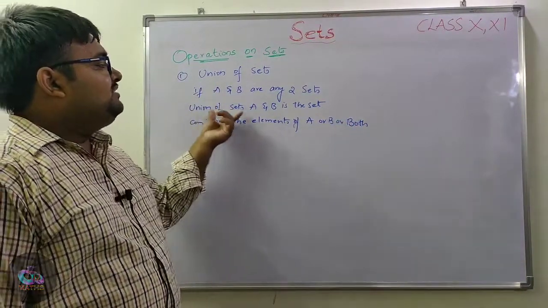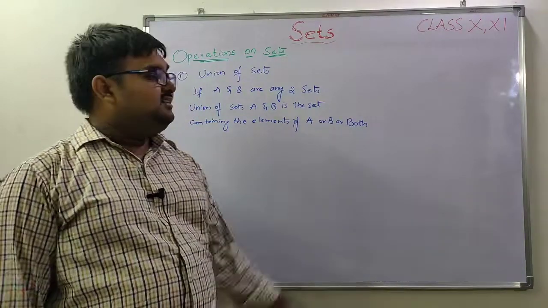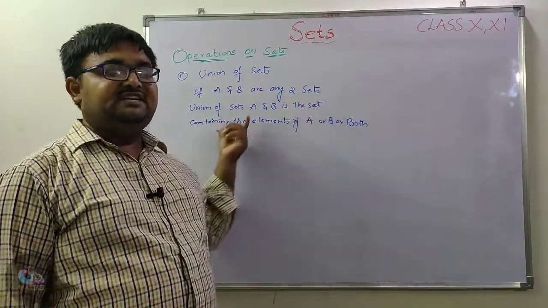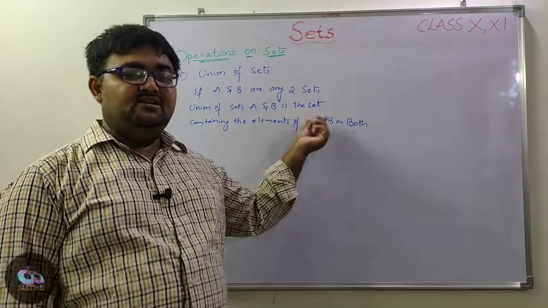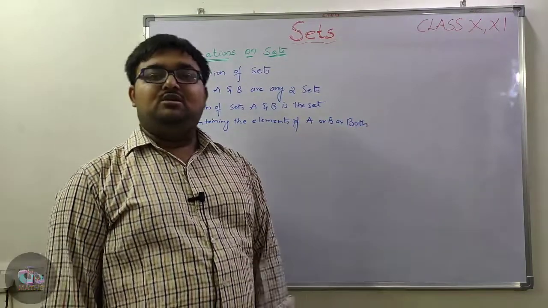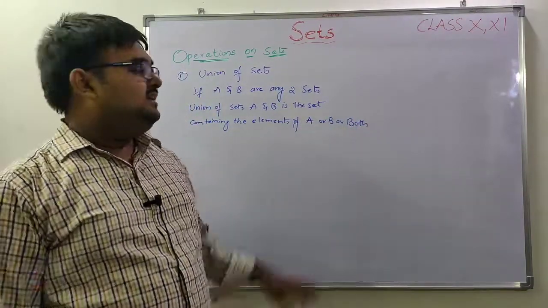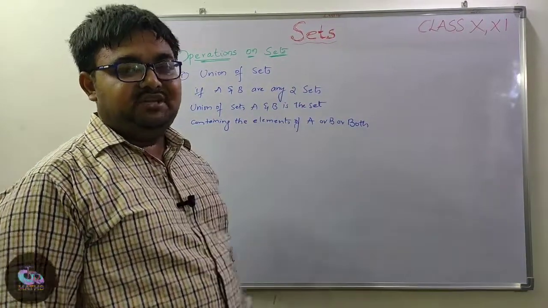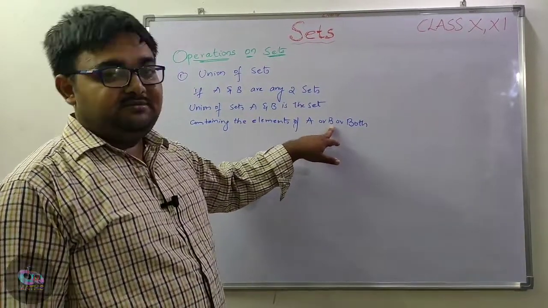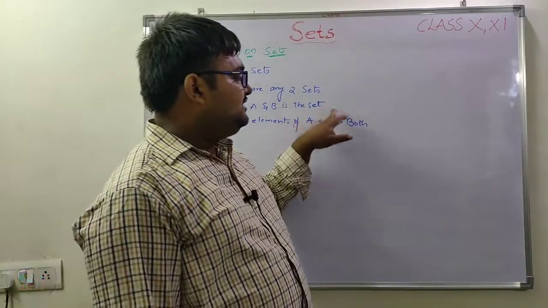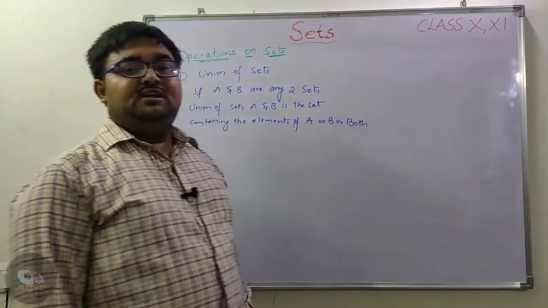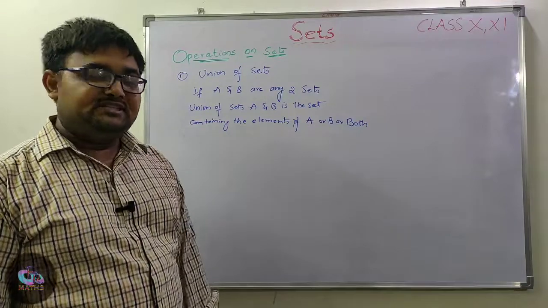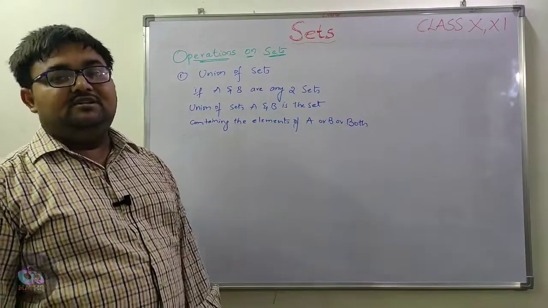That means it forms a set which contains the elements of set A or set B or both. The elements which belong to set A will be present in the union of the sets, the elements of set B also belong to the union, or both. So the elements belonging to both the sets will be there in the union of the sets, right?